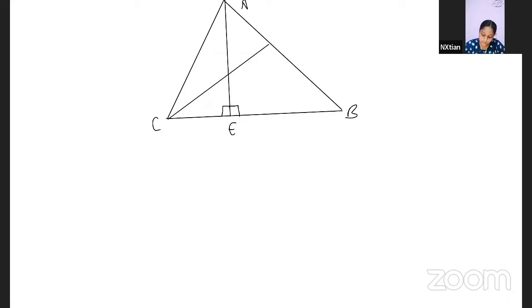Here also it will form two 90-degree angles. And from point B to the side CA, which will also form two 90-degree angles.